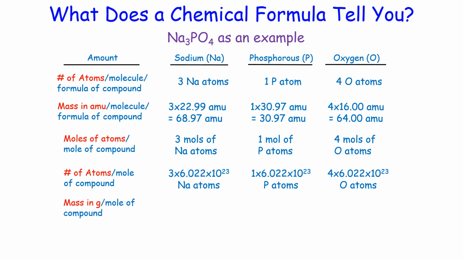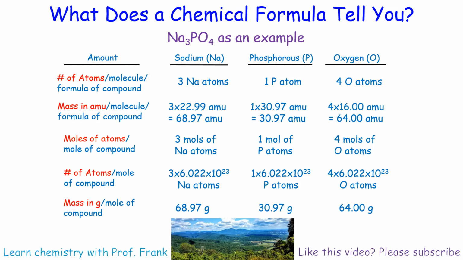Now the total mass of each element in grams in 1 mole of compound. There are 3 moles of sodium in 1 mole of sodium phosphate, so 3 times the molar mass of sodium gives us 68.97 grams. Phosphorus, 30.97 grams, oxygen 64 grams.